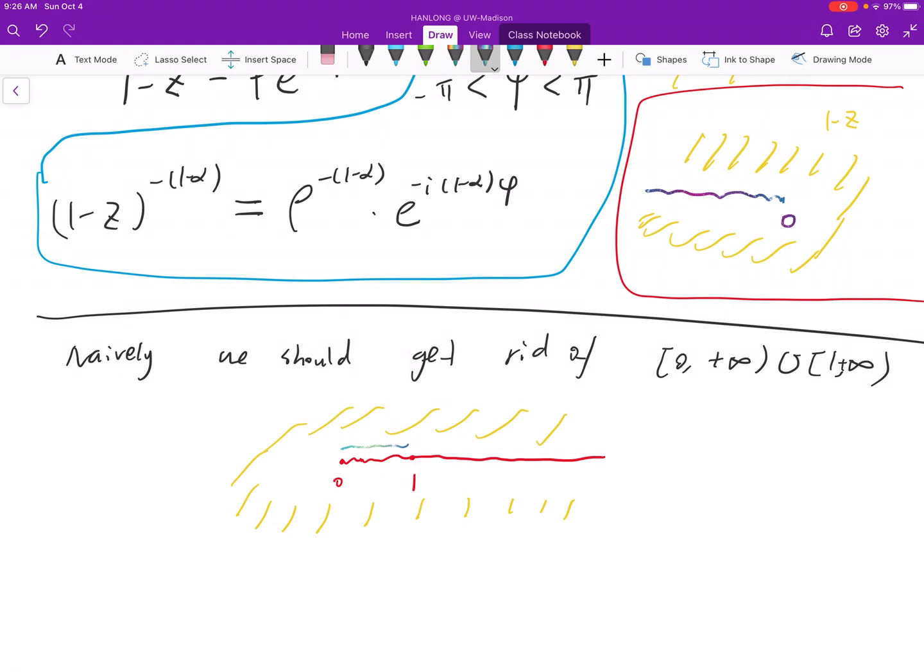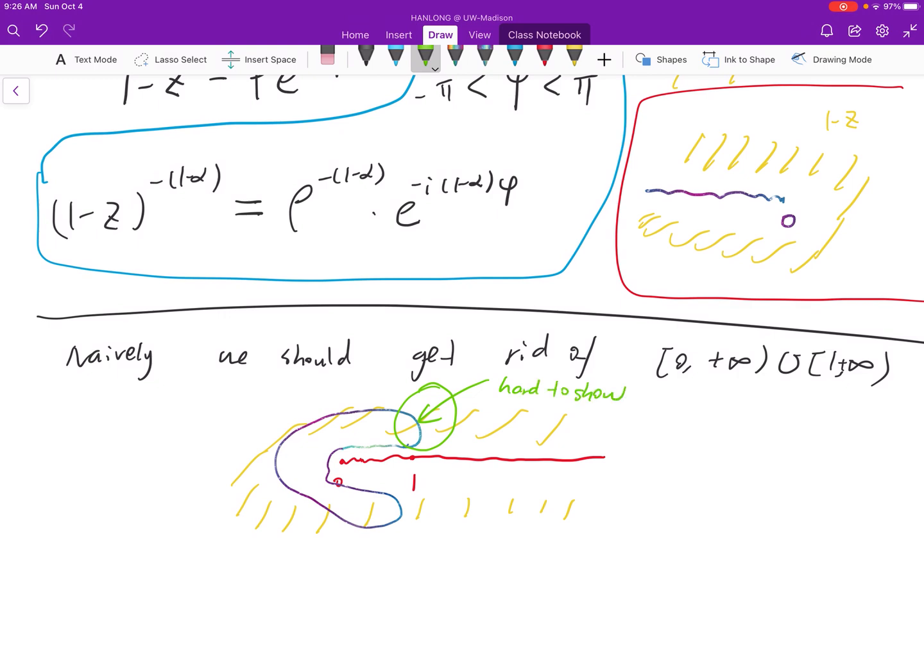Okay, but then how do you construct a loop in the yellow part without canceling this part? So no matter how you do, if you want to close up, finally you need to come back. So this is kind of difficult because then you lose control of this part, hard to control.